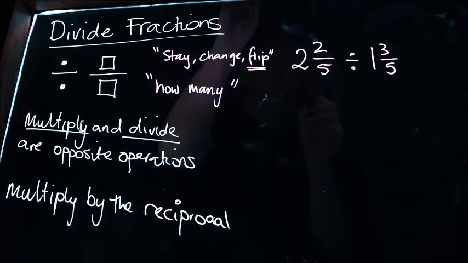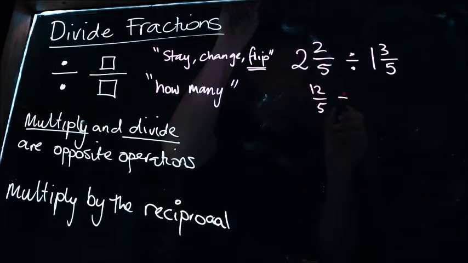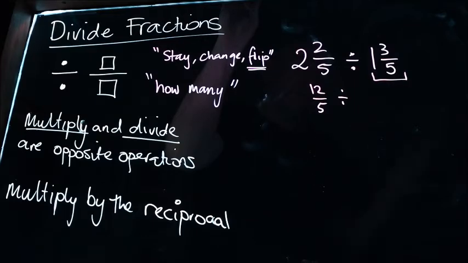So 2 times 5 is 10 plus 2 is 12 over 5. I've turned that into an improper fraction. I just need an extra step here because I need to do the work over here as well, because I need to convert this into an improper fraction. Again, 1 as a whole number times 5 is 5 plus 3 is 8 over 5.